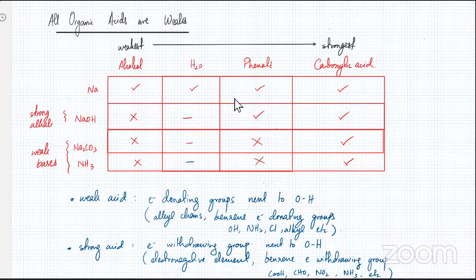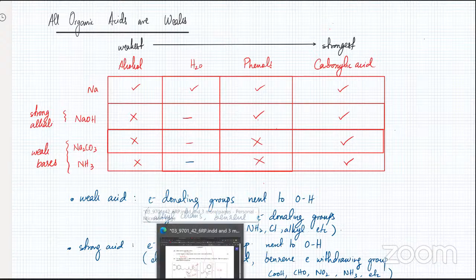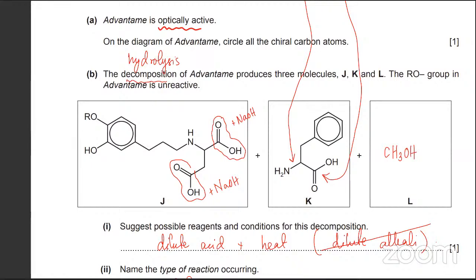So phenols would react with sodium. They would also react with NaOH, but not with weak bases like carbonates and ammonia. So phenols will also react with NaOH and form a salt. So this phenol over here will also react with NaOH. Is that clear?